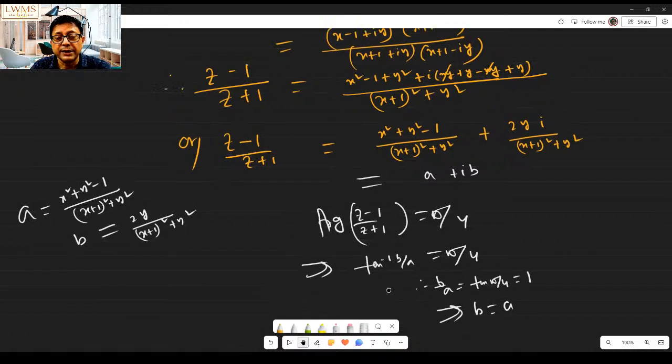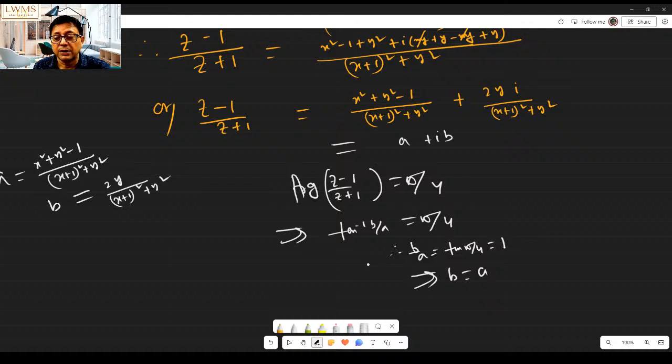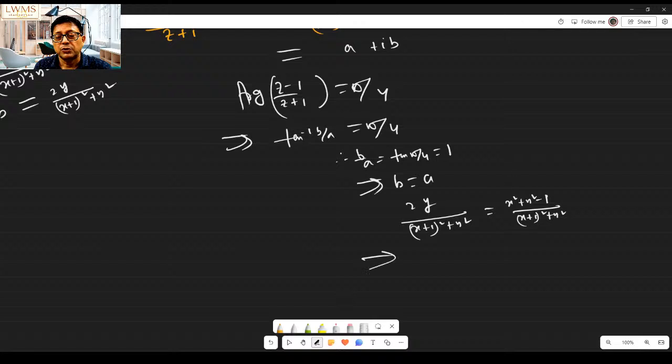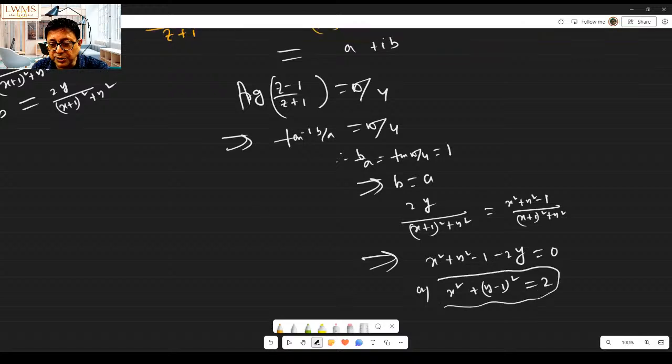b equal to a. b equal to a means 2y by the denominator equals x square plus y square minus 1 by the denominator. Clear? So this implies this one is of the form, with a little manipulation, this.